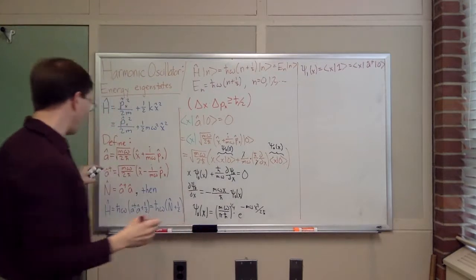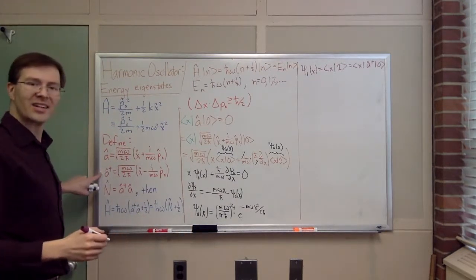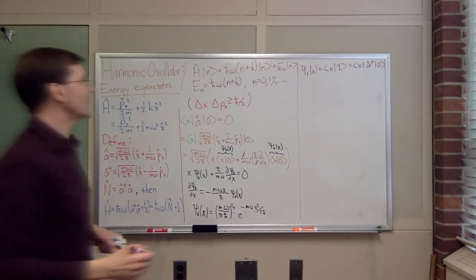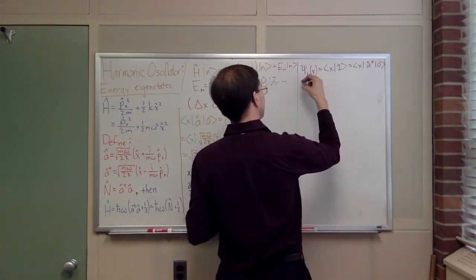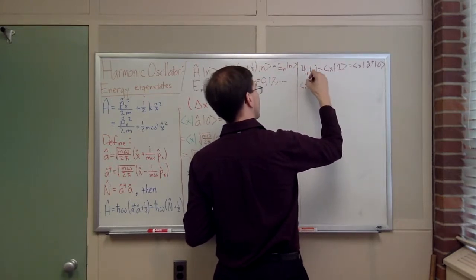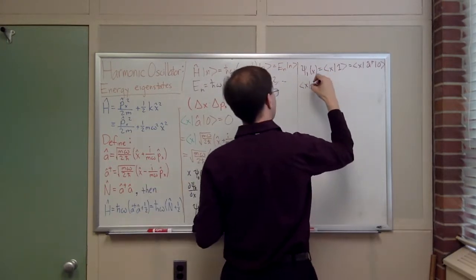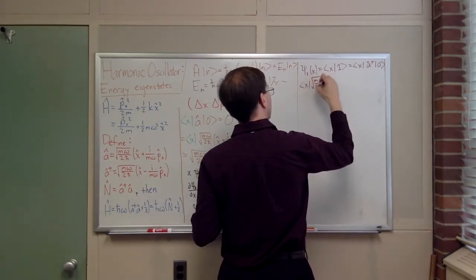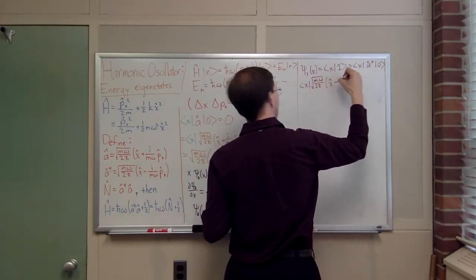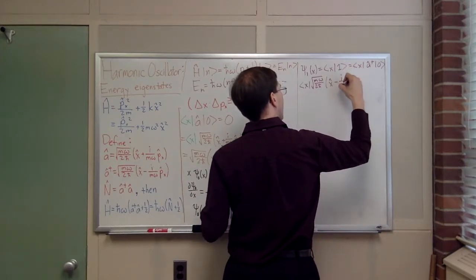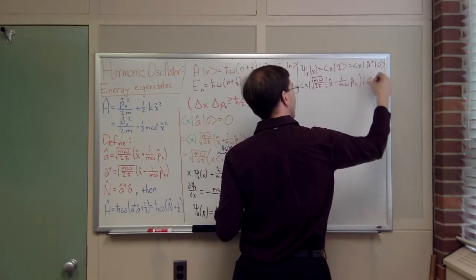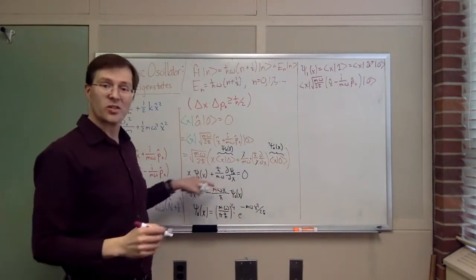And the good news is I know what that does. I can put in my a dagger definition right here, and what will I find? x with the square root of m omega over 2 h bar times x hat minus i over m omega p x hat acting on state 0. And again, I can write this in derivative form.